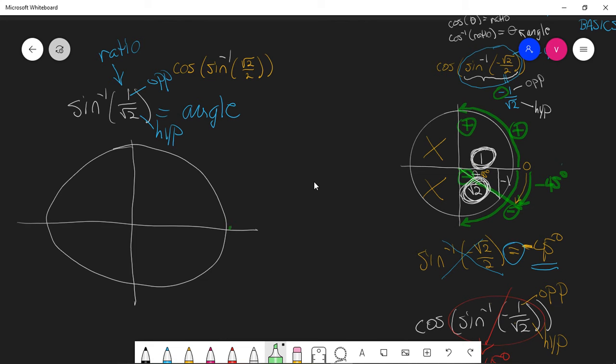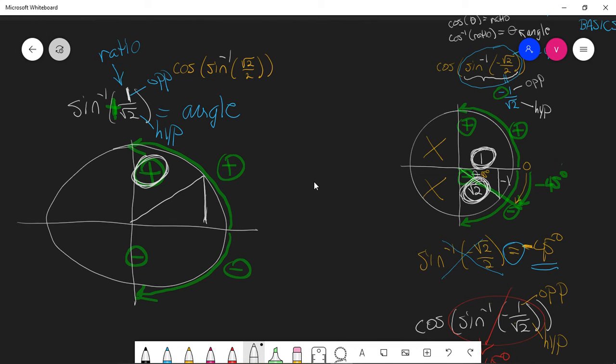Again, sine inverse is restricted to quadrants 1 and 4. Positive rotation this direction, negative there. These are positive ratios. These are negative ratios. Your ratio here is positive, so we're going to draw our triangle in the positive ratio quadrant.